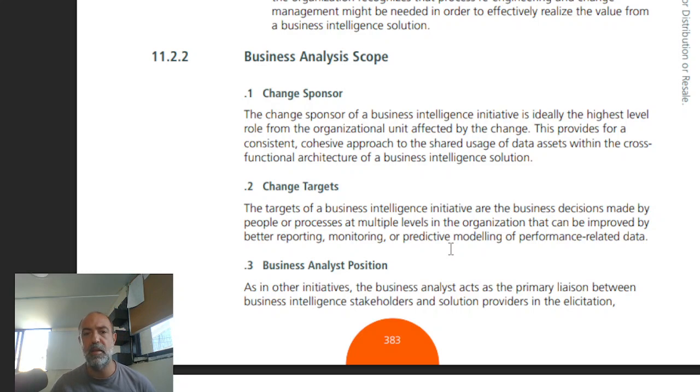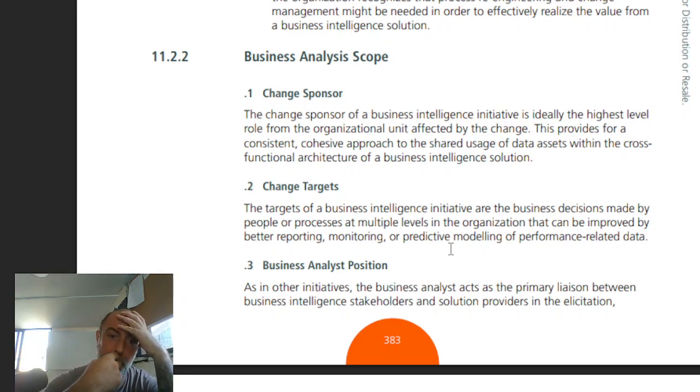And this provides the cohesive approach to the shared usage of data assets within the cross-functional architecture of the business intelligence solution. If you always have to be aligned to something, then basically that's how it is. You're aligned to something.